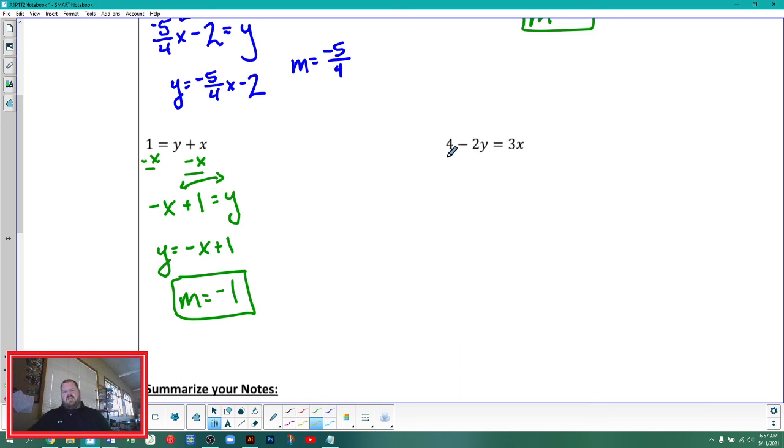Last but not least, we've got just an ugly form. It's no specific line form, but my goal is the same. Get y by itself. 3x minus 4, and divide everything by negative 2.